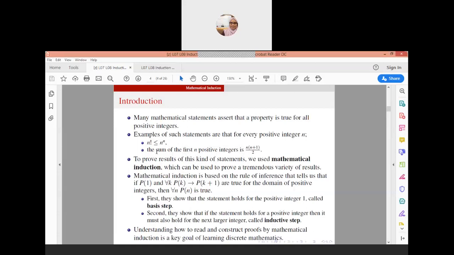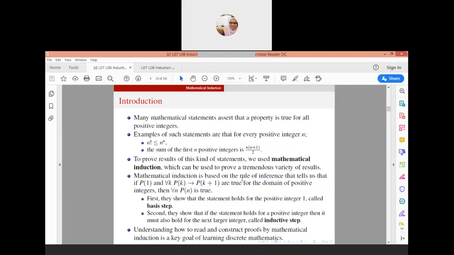Now before we introduce such mathematical statements, we have to prove whether it is true or not. How can we prove? By using mathematical induction, which can be used to prove a tremendous variety of results.